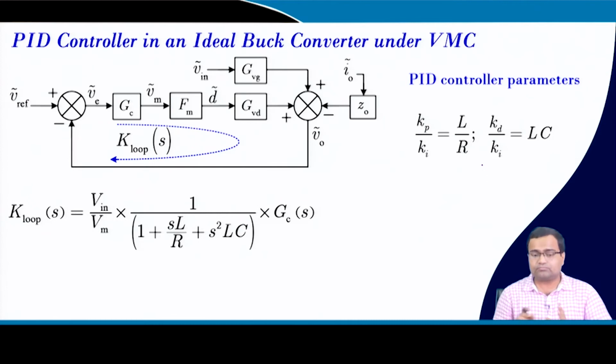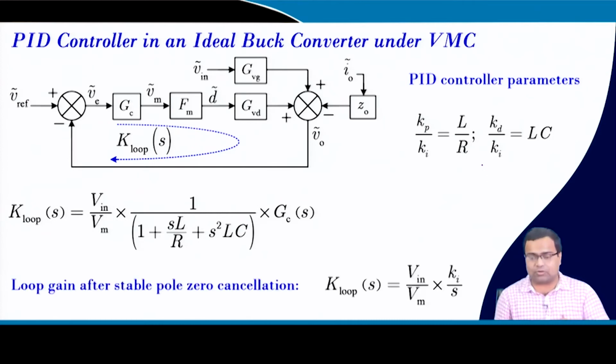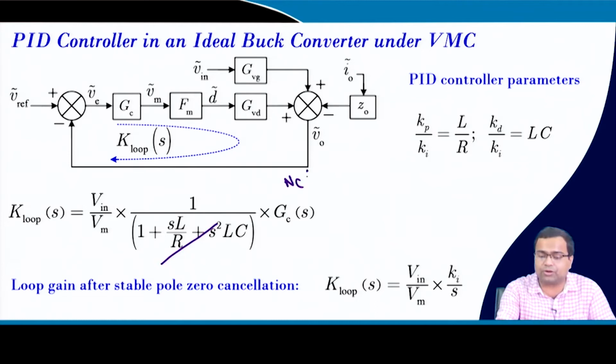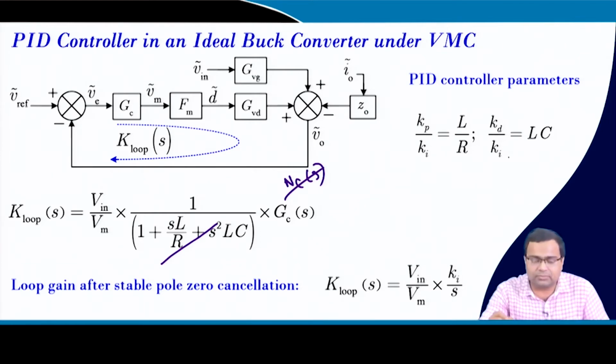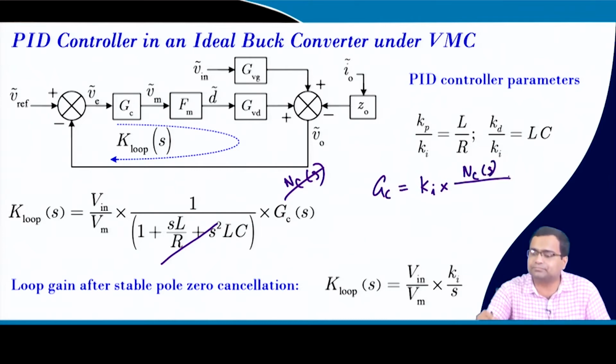So, how to solve? Once you set this compensation, our loop gain, because we are cancelling this pole with the controller zero, then the compensator, if you go back, what was our compensator structure? It was Ki into the controller numerator divided by S. So, this term is getting cancelled with this term, and we will end up with Ki V in Vm.